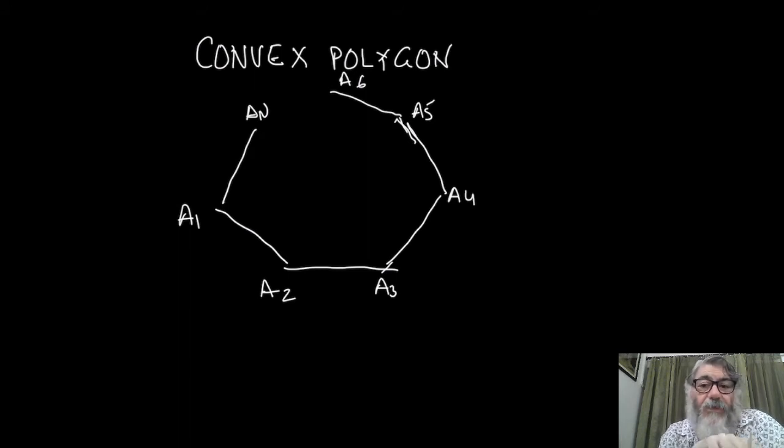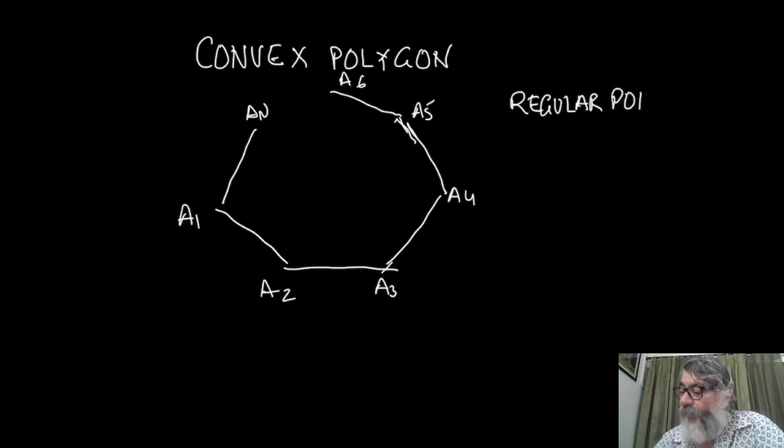Now we are talking also of a regular polygon. When I talk of a regular polygon, that means all the sides of the polygon are equal. Number one, all sides are equal.